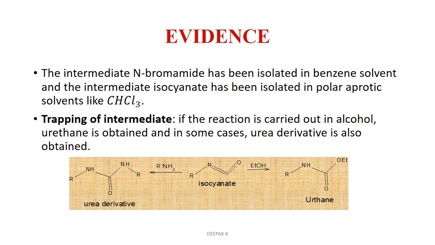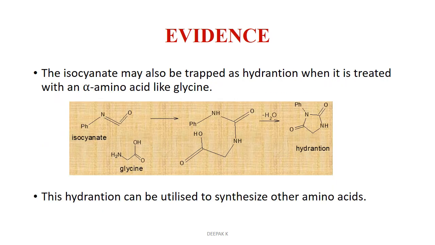Or if it is treated with an amine, the proton will go to nitrogen, and the NHR minus will go to the carbonyl carbon. So you can trap the intermediate if your reaction is conducted in alcohol or using an amine.